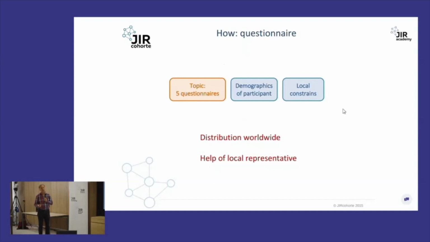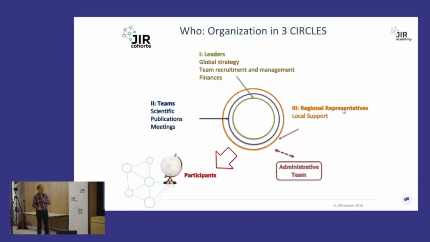So the distribution of the questionnaire will be worldwide, and we need the help of local representatives, first of all, to disseminate the questionnaire, and also to know to whom we should disseminate these questionnaires, because we don't know who is really taking care of the patients in the different countries and how it is organized. This is very important, and here we will really need your help.